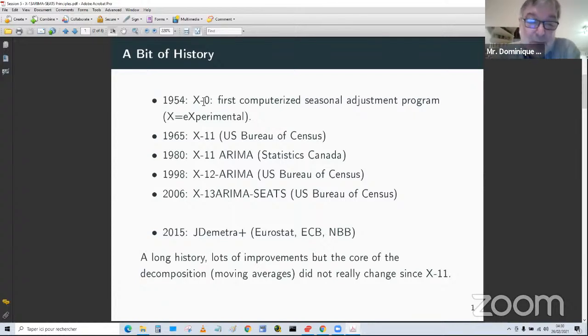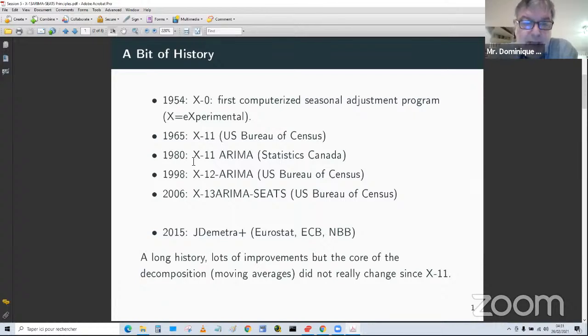Okay, so after that you had a lot of different variant releases of the program up to the 60s, when the US Bureau of Census proposed X11. X11 was the first really official release of this program.